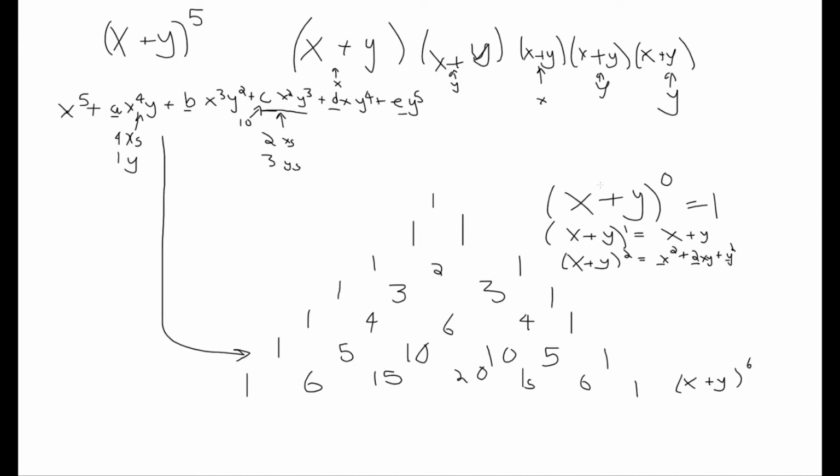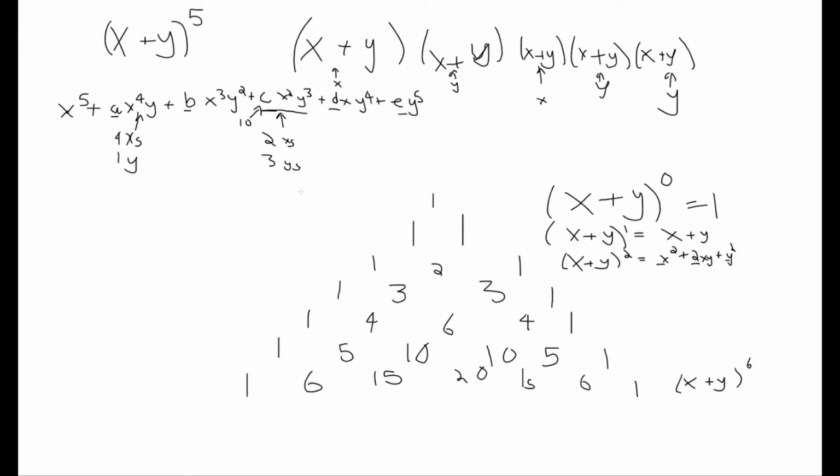So you can imagine the 100th row would represent x plus y to the 99th. So every single row would represent x plus y to a different power. So because the first row represents x plus y to the 0 power, the second row would represent x plus y to the 1st power, and so on.